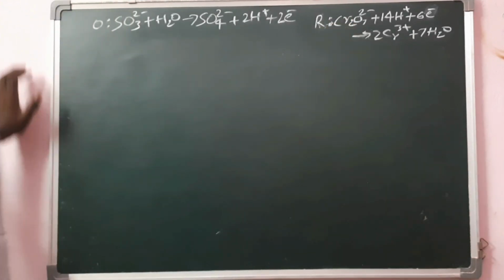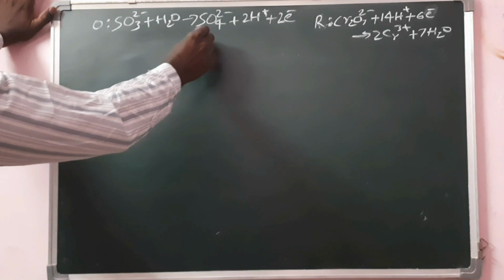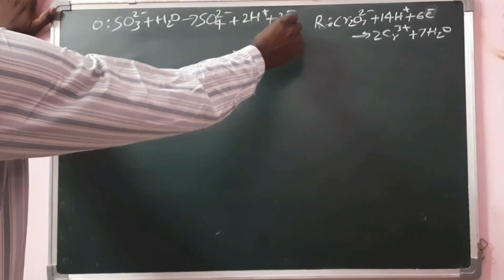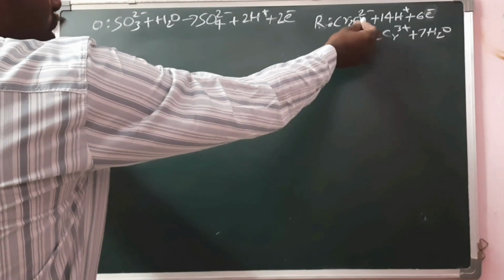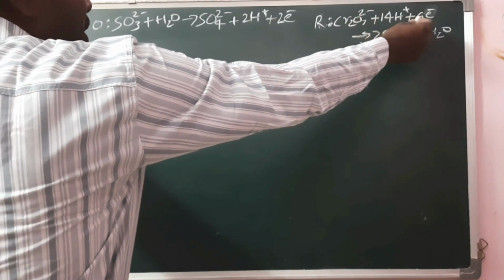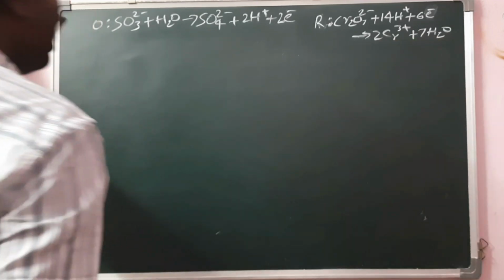Okay. The oxidation half reaction, SO3 2 minus plus H2O, gives us SO4 2 minus plus 2H plus plus 2 electrons. And the reduction half reaction, Cr2O7 2 minus plus 14H plus plus 6 electrons, gives us 2 Cr3 plus plus 7 H2O.